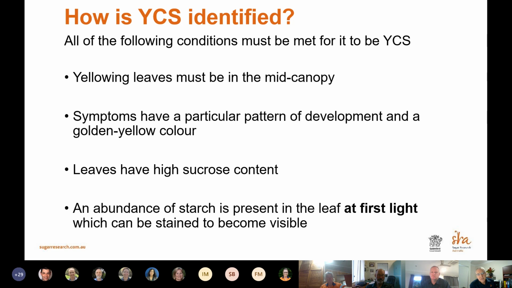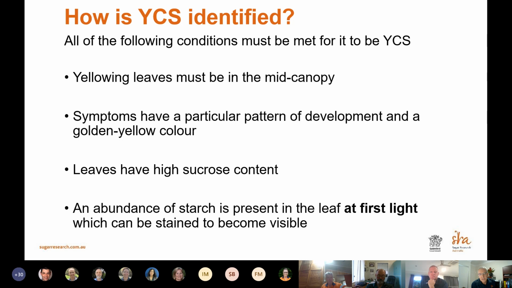Because they have an abundance of sucrose, the plant tries to offset that by producing another product called starch. And that starch is stored in the leaf, in different parts of the leaf. But during the night period, starch and sugar get used for energy when the sun isn't shining, when that photosynthesis isn't occurring. And by first light in the morning, both sugar and starch should be at around about 0 levels in a healthy plant.